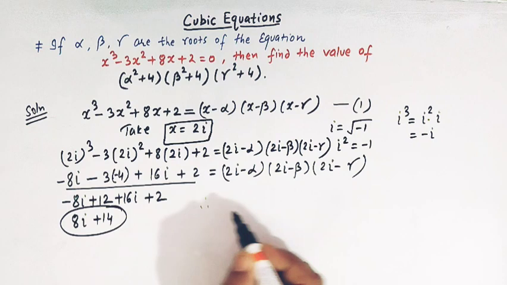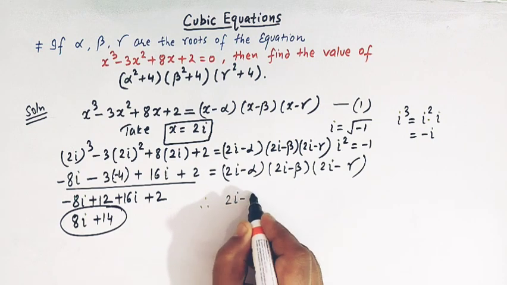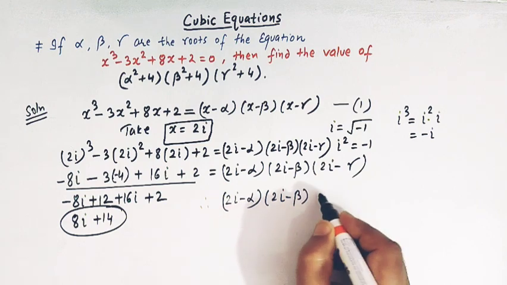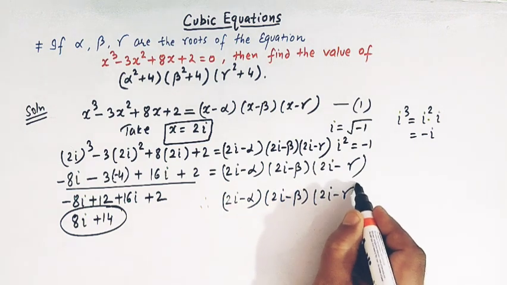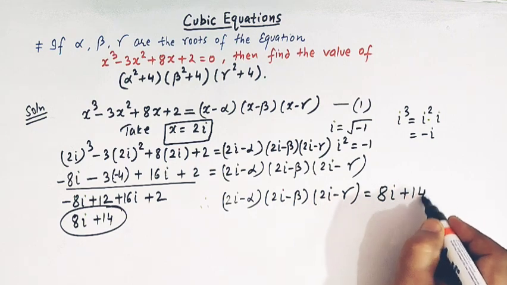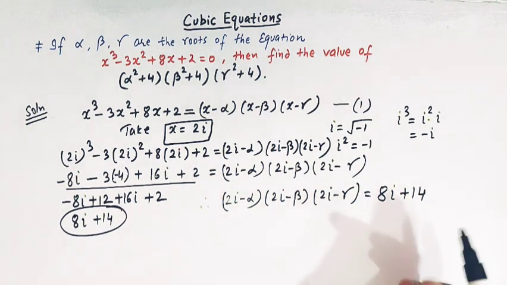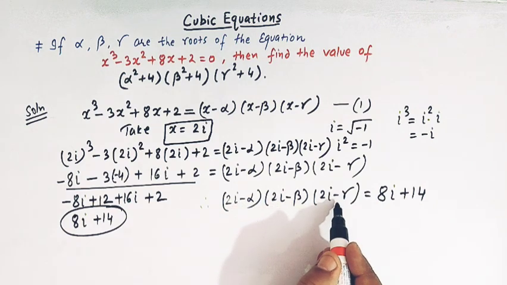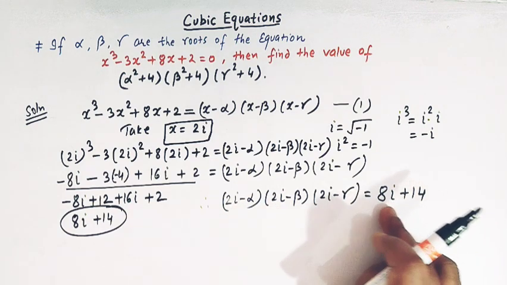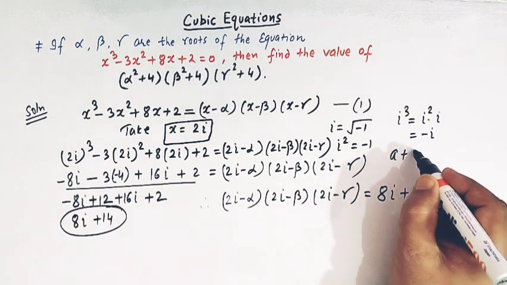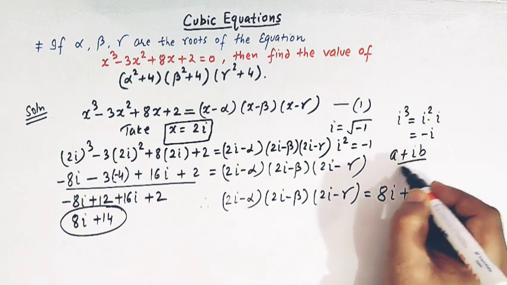Now we can write (2i minus alpha)(2i minus beta)(2i minus gamma) is equal to 8i plus 14. See, here we have the product of three complex quantities, and on the other side also a complex number of the form a plus iota b.